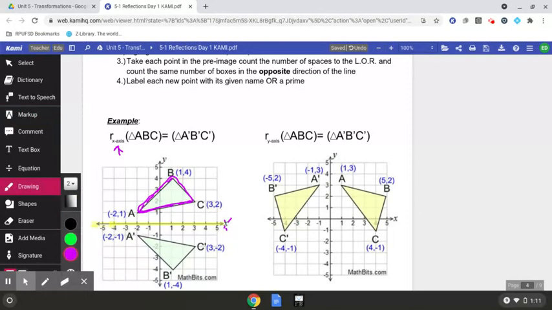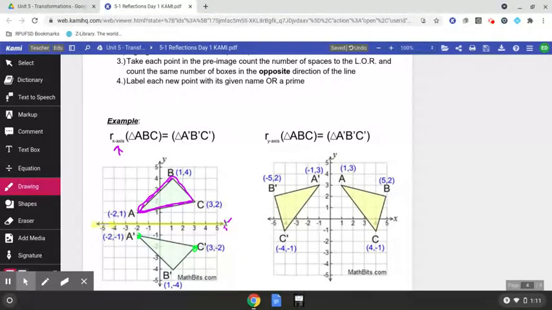My point A is one box up from my x-axis. So if I was going in the opposite direction to plot it, this would be A prime because I'm going one away. For C, I'm going up 2. Again, on number 3, I'm going down 2. So you're just making sure you're equidistant from your line of reflection.